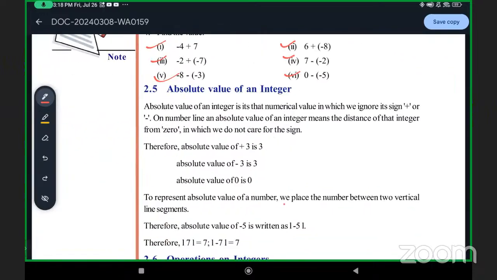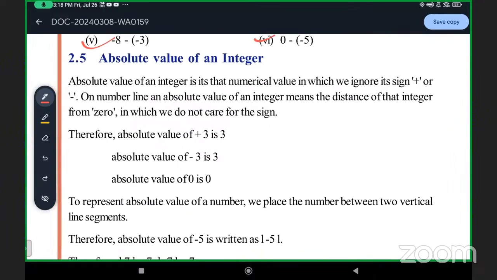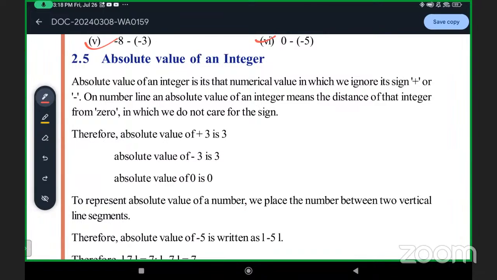Then there is absolute value of an integer. What is an absolute value? Absolute value is that same number without the sign, on removing the sign. Suppose I have -12. What will be the absolute value of -12? Remove the sign, the minus, it will be 12. Suppose I have -4.